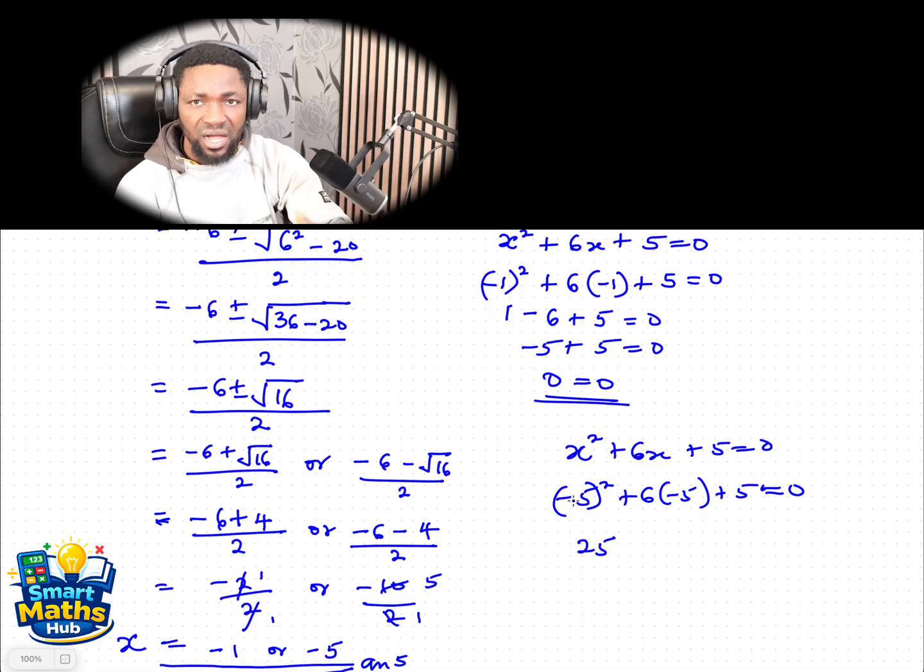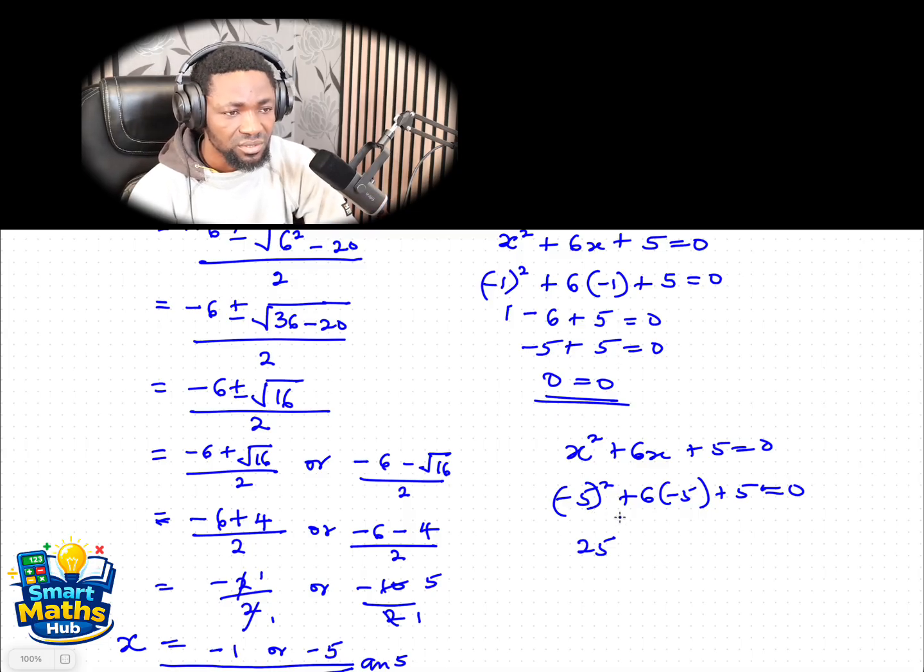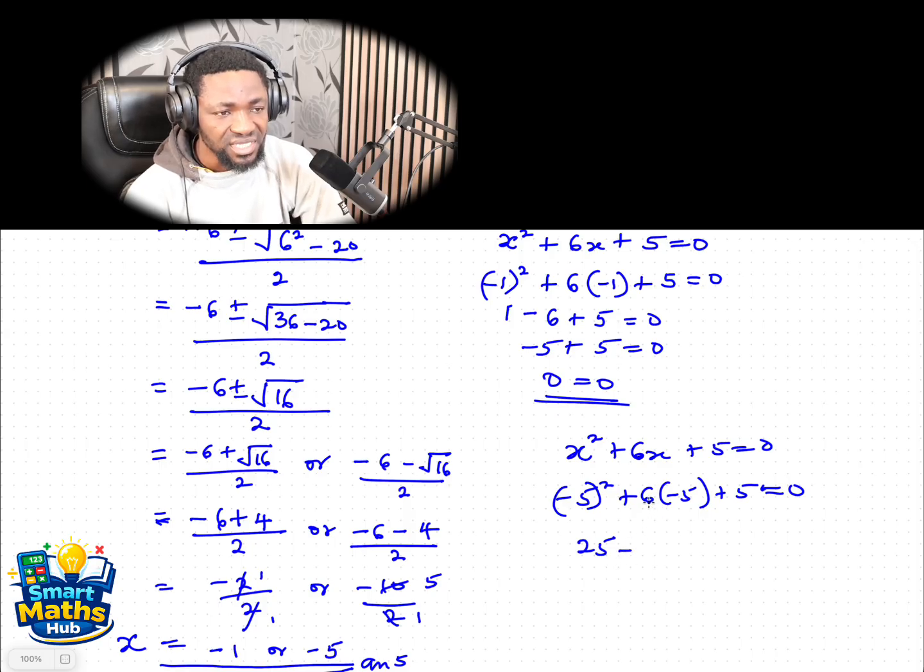I hope you remember how I eliminate the minus: minus times plus is minus, 6 times 5 is 30, plus 5. Now 25 minus 30 is minus 5, plus 5 equals to 0. So what you have left is 0 equals to 0.